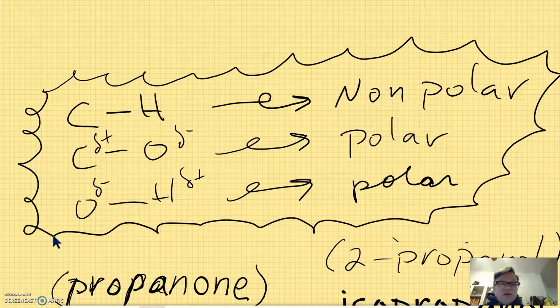A carbon-oxygen bond, however, is polar, and an oxygen-hydrogen bond is even more polar than a carbon-oxygen bond. And it's the polar bonds between hydrogen and nitrogen, oxygen, and fluorine that are so polar that they allow hydrogen bonding to occur.